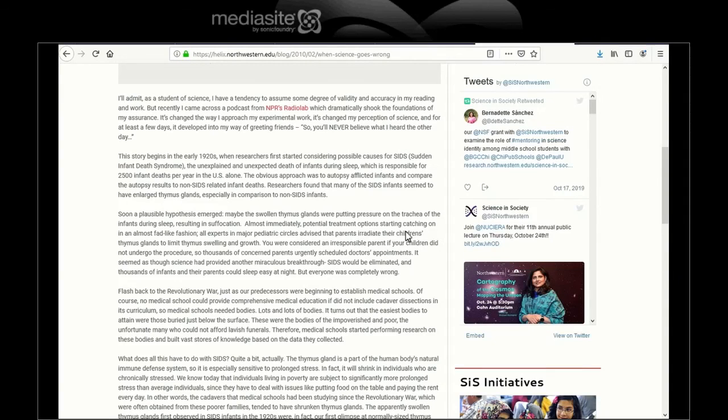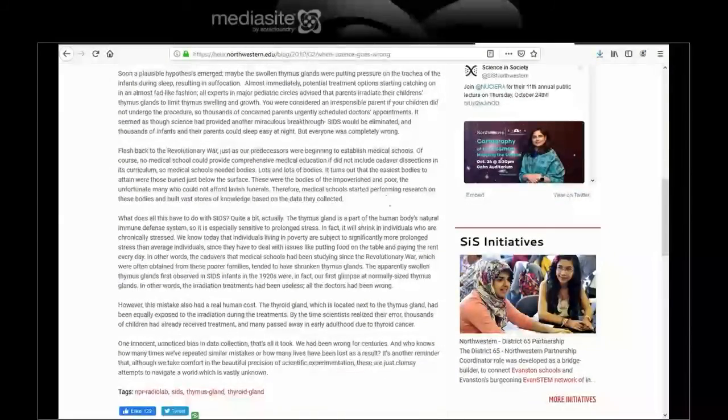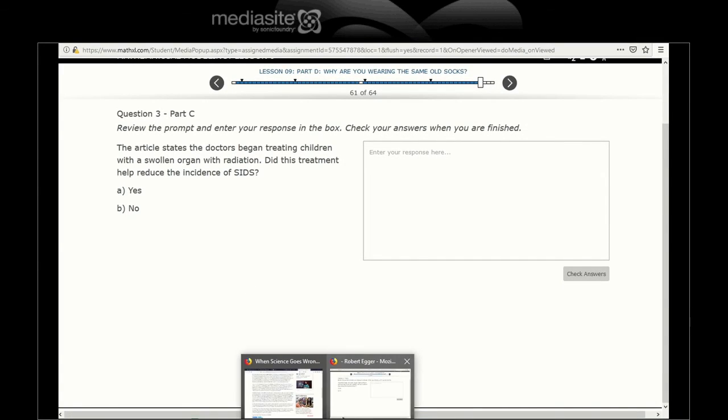Parents irradiate their children's thymus gland to limit thymus swelling and growth. You'd be considered an irresponsible parent if your child did not undergo the procedure, so thousands did it. It seemed as though science had provided them a miraculous breakthrough. But everyone was completely wrong. What are we trying to answer again? Saying it's completely wrong, I'm going to say no, but let's finish reading.